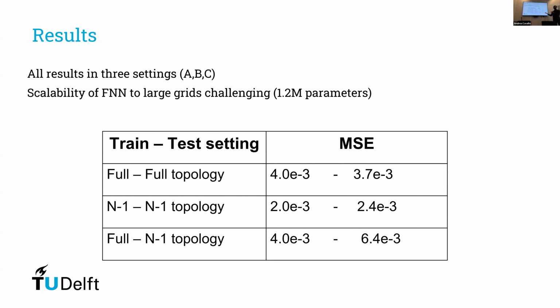But what is maybe interesting is that you can see the variation if you learn a network on the full topology and you go to the N-1 case. It might not seem significant because of the metric, but you evaluate ACOPF at the end of the day in terms of costs. So if you evaluate this in terms of cost, it can be quite significant.